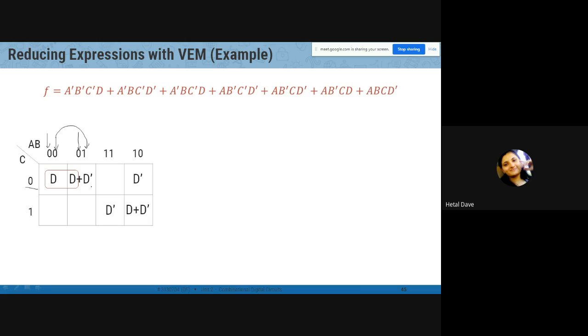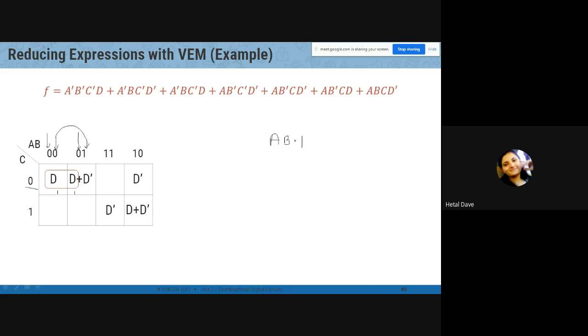Agree? Okay. Now here in the variable entered map, in the K map, 1 was here, if you remember. So we are not going to include it in our equation. Generally, if in your K map we make a group, we will write it like this.